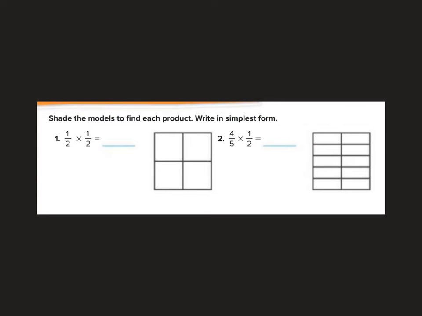Shade the models to find each product. Write it in simplest form. So 1/2 times 1/2. Where do they intersect? 1 is double shaded out of how many pieces are there now? 4 total pieces equals 1/4.